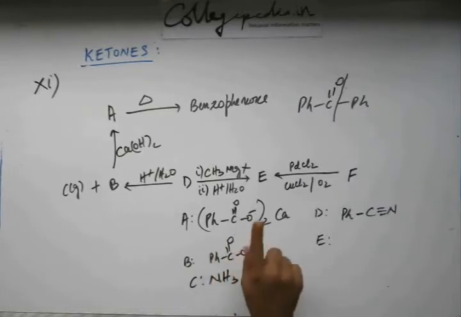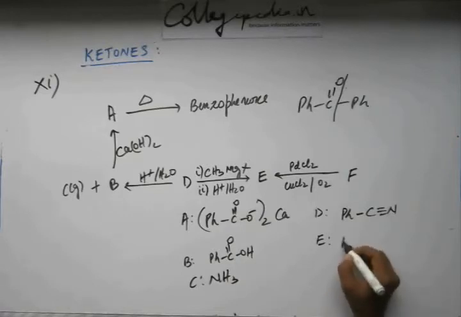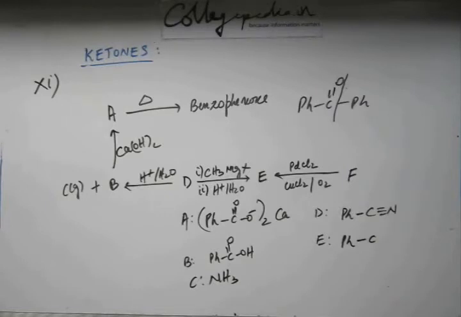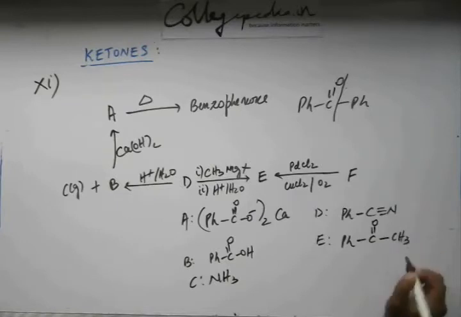And we know what this reaction is, we have dealt with it in detail. So it shouldn't be a problem for you to identify E if you have studied this reaction. If you haven't studied this reaction, go 2-3 videos back, search for this reaction in the method of preparation of ketone and you will find it, and then come back and solve it. And I'm sure you would be able to identify E, and this E is acetophenone.